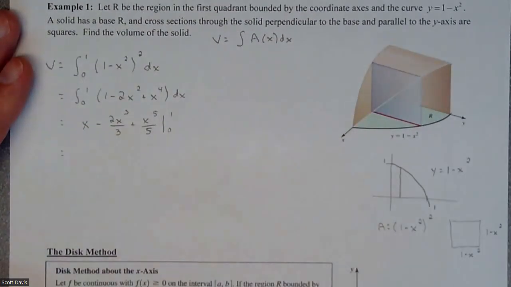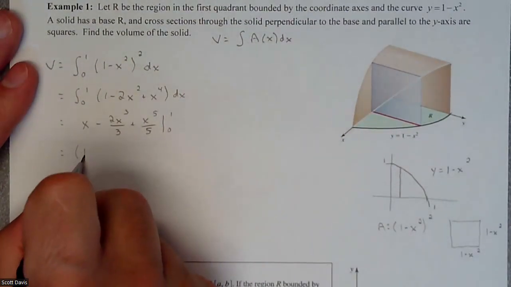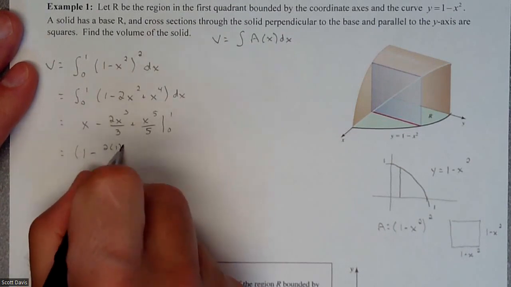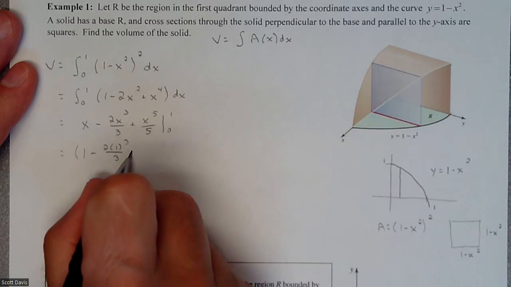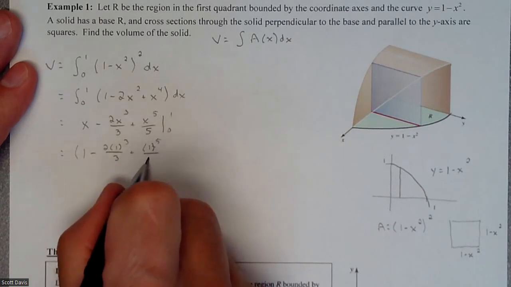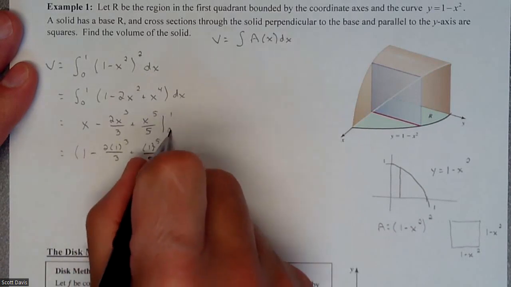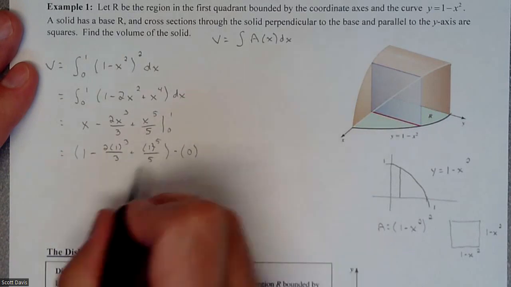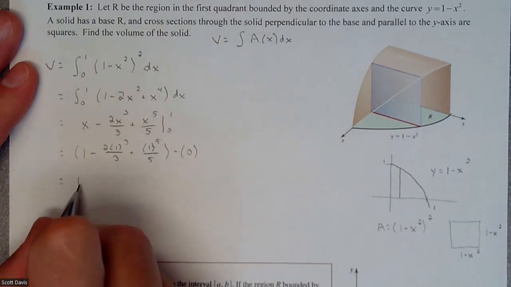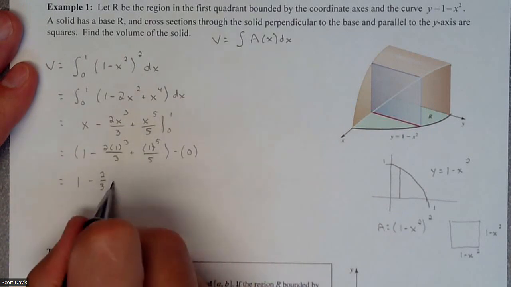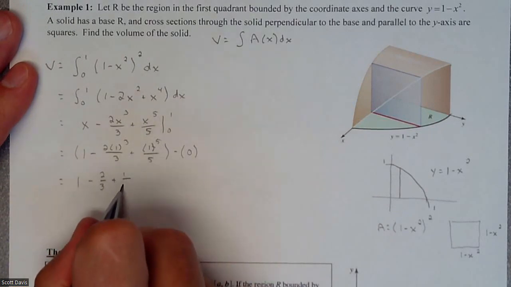So if we plug in 1, we have 1 minus 2 times 1 cubed over 3 plus 1 to the 5th over 5. And if we plug in 0, we would just be subtracting 0. So this turns into 1 minus 2/3 plus 1/5.